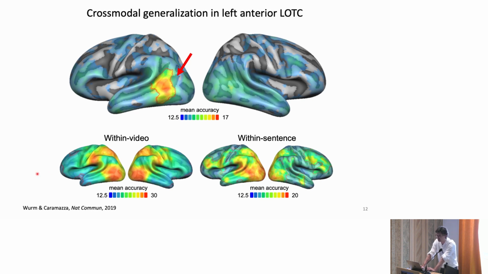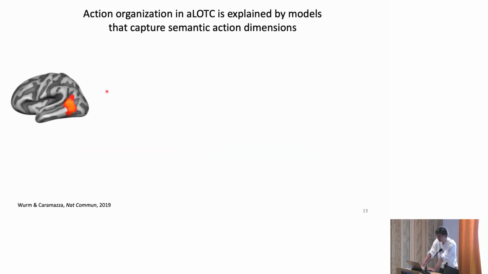Now, one important aspect that I want to highlight here of the difference between the cross-modal and the within session decoding is that it actually argues against an interpretation that the cross-modal decoding is driven by visual imagery, for example, or by verbalization, because in that case, we would expect effects for the cross-modal decoding that resemble much more the action video decoding or the sentence decoding.